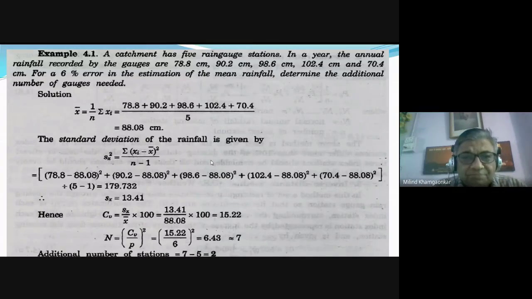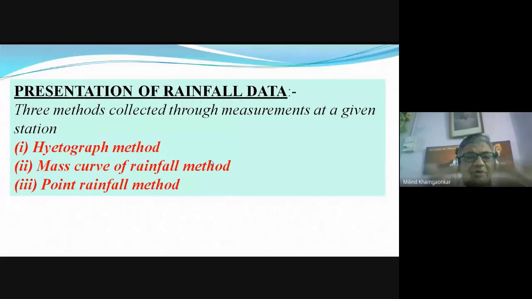Because friends, the exact quantity calculation of this rainfall is very important from the point of view of finding the exact quantity of the runoff, which is very important from the point of view of designing the hydraulic structures.